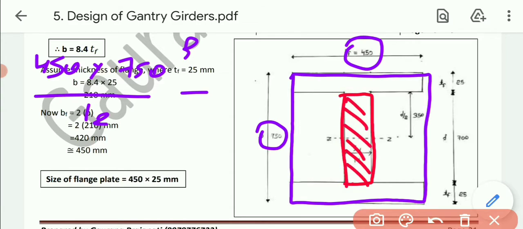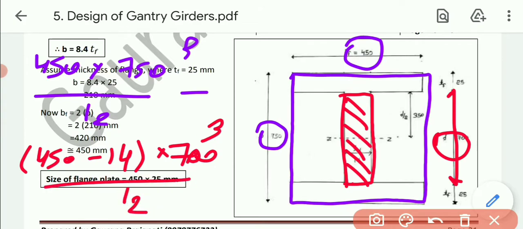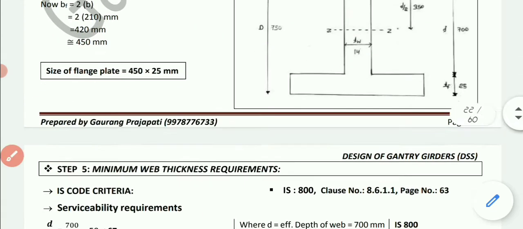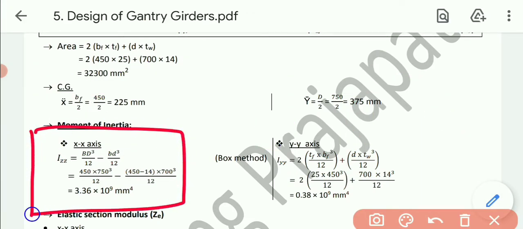So 450 minus thickness of web, that was 14, into this depth, that is 700 cube by 12. This is called the box section method, I will get the moment of inertia with respect to x axis directly. I have done the same thing over here: 450 into 750 cube by 12 minus 450 minus 14 into 700 cube by 12. So I will get the answer 3.36 into 10 raised to 9 mm raised to 4.